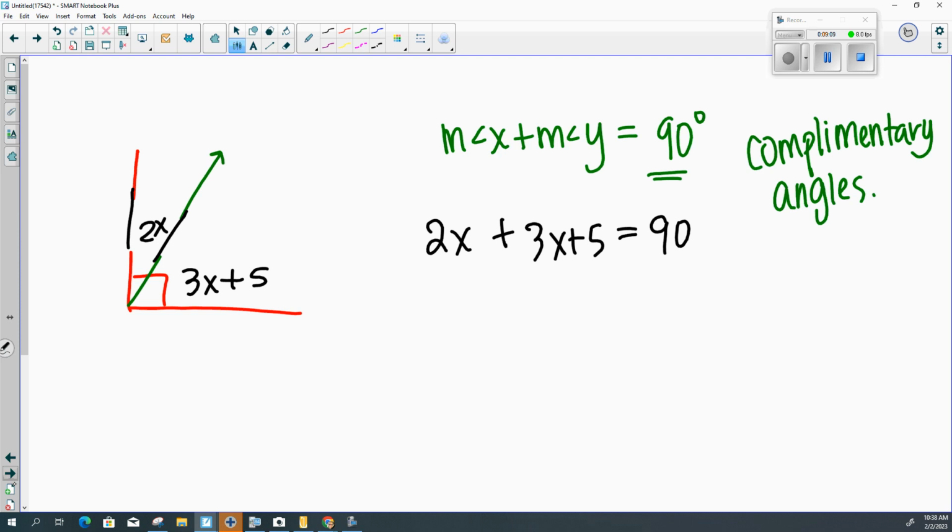Where are you sitting now, Haley? Let me give you your worksheet. This is a review, so I'm thinking you'll be able to figure it out, or at least most of it. Compare with your neighbor. See if they got the same x as you got. It might not be a whole number. I just made these equations up right now, so it could be a decimal. I really don't know.